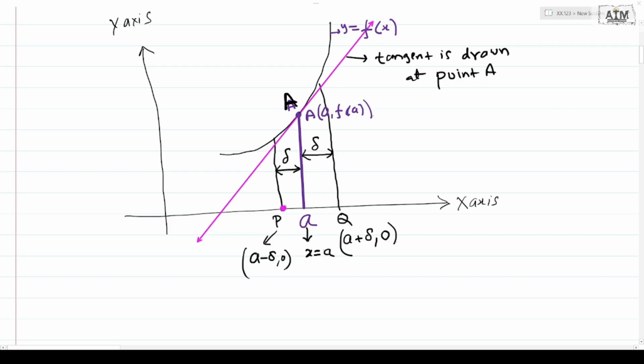Call point P as x1 and point Q as x2. In most books, these points are called x1 and x2. This implies x1 equals to A minus delta and x2 equals to A plus delta.